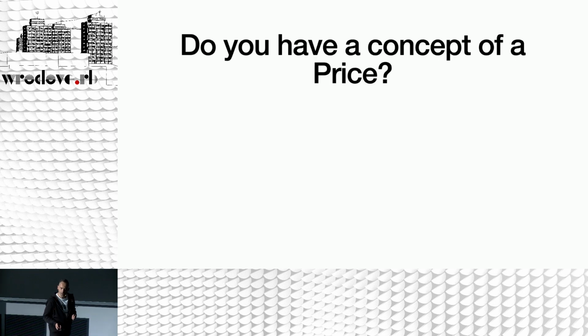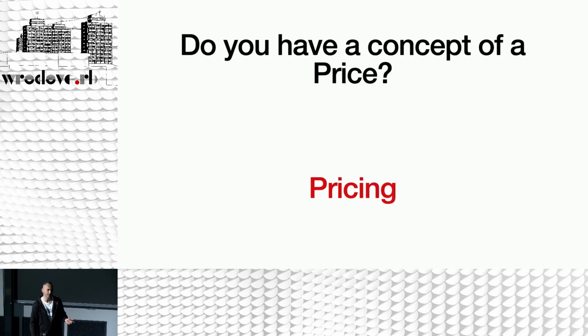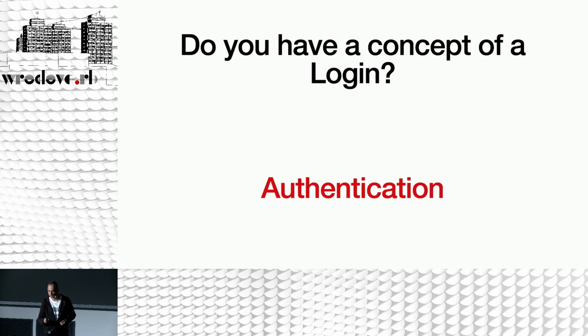So for example, who here has a column or a concept of a price in your project? I'm pretty sure many of you are lying if you don't have a price. Like, what exactly is your tool doing if you don't have a price? So you have a domain of pricing in your business, in your project. Similarly, if you have a login, you have authentication.